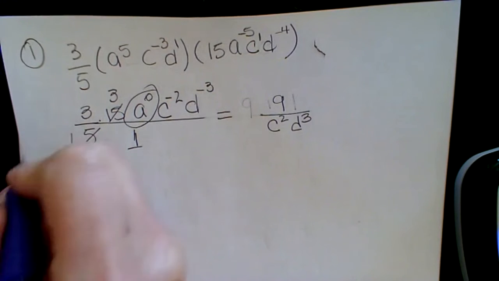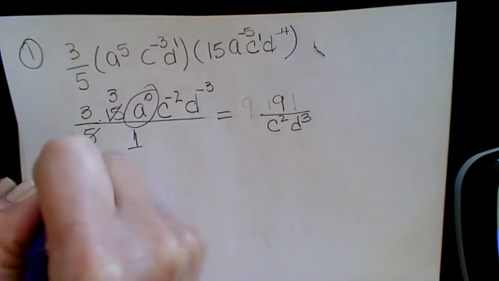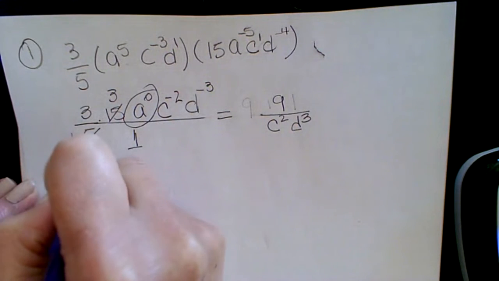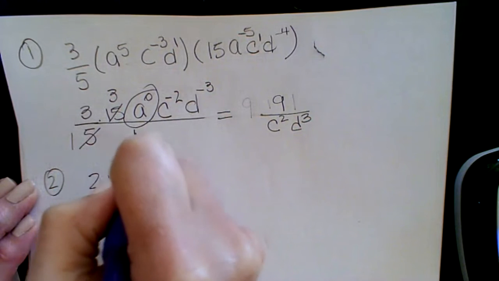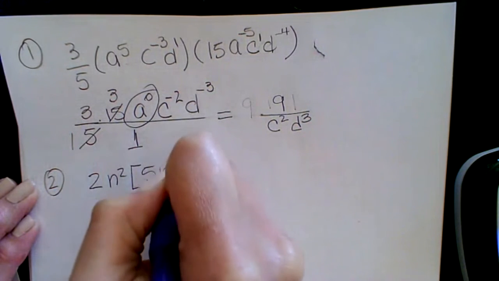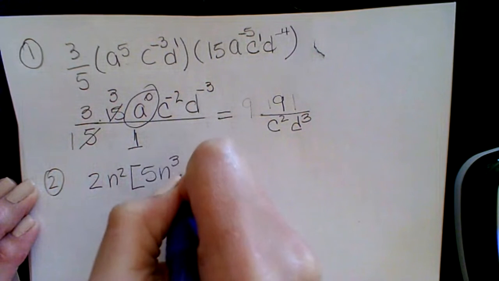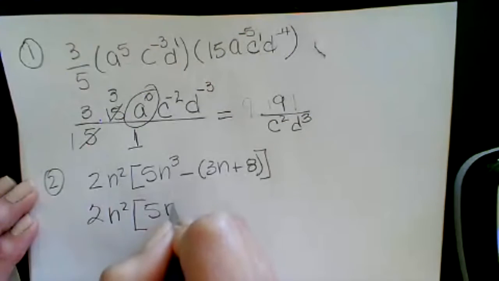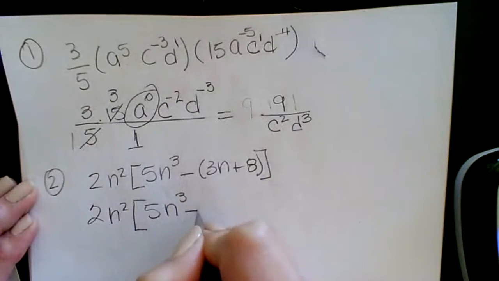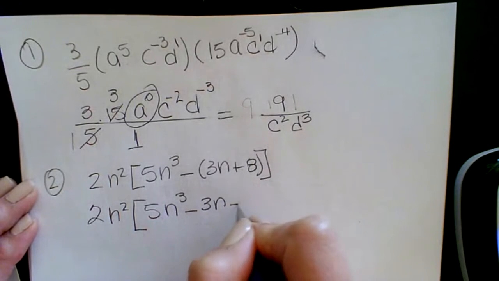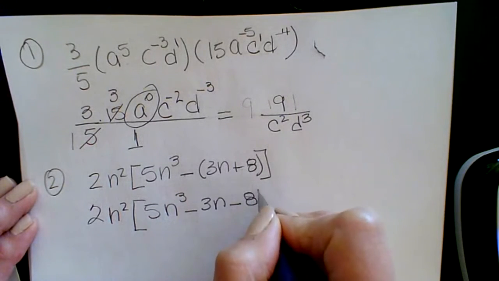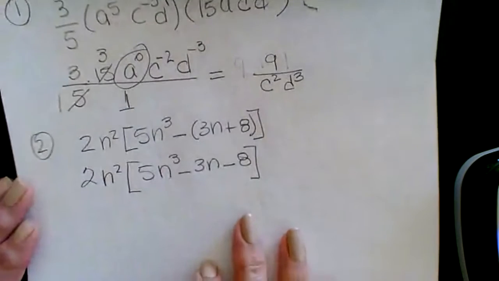Now let's do one more monomial by a polynomial. 2n squared times (5n cubed minus 3 plus 8). Right here, what I'm going to do is take care of the parentheses first, meaning this is 5n to the, this is going to be negative, and this is going to be negative because we have a negative in front of the parentheses.